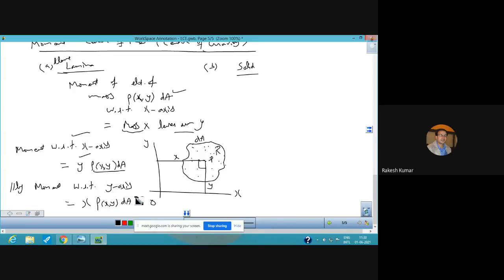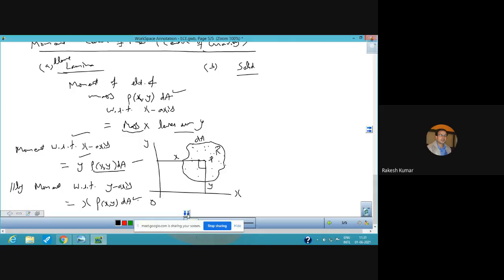So this is the formula for moment with respect to the y-axis. Moment with respect to the x-axis is denoted by Mx. These are the moments about the x-axis and y-axis.